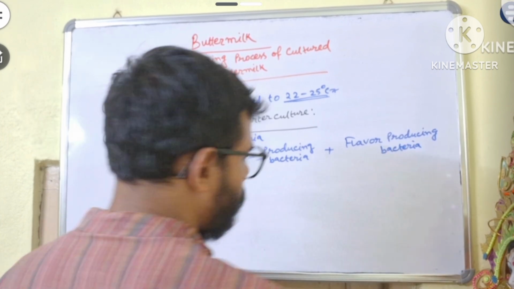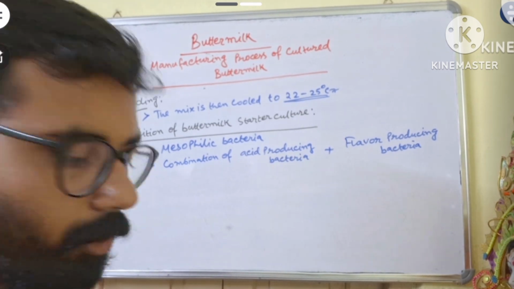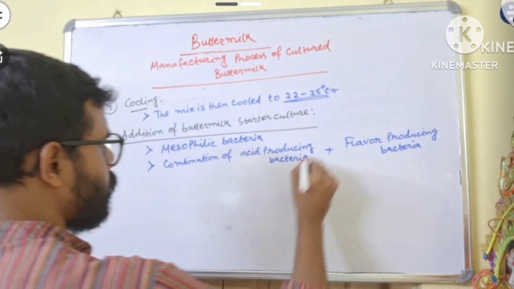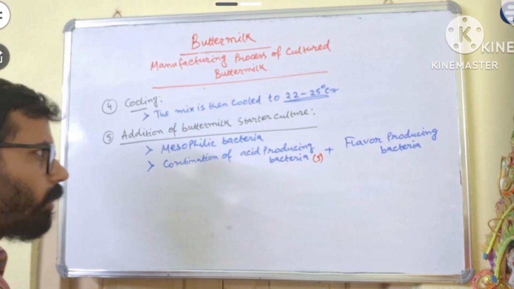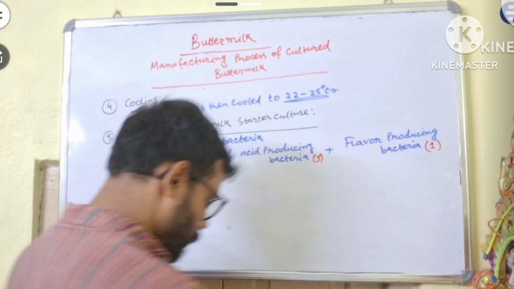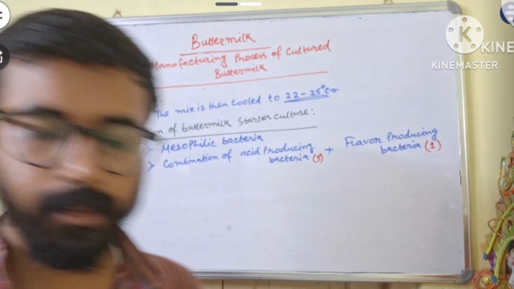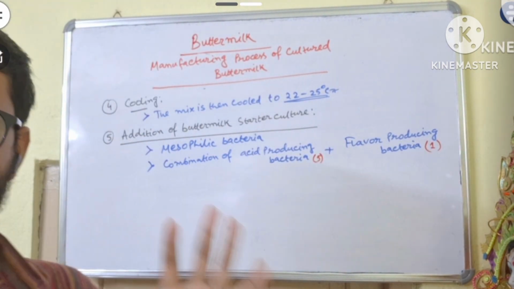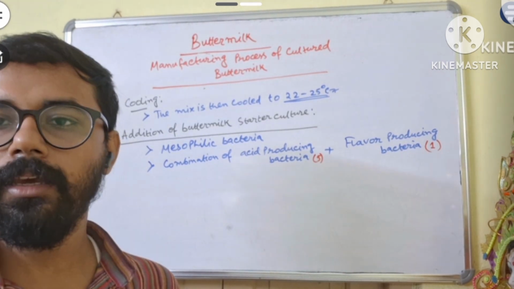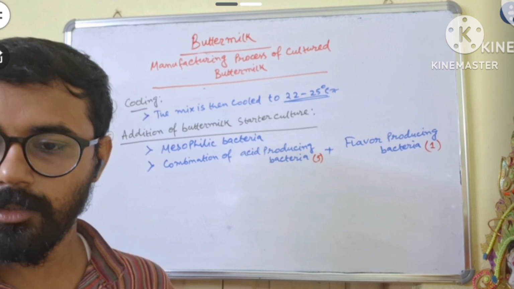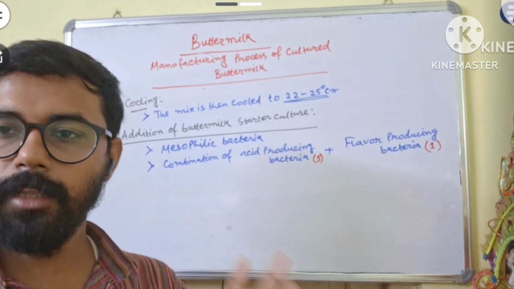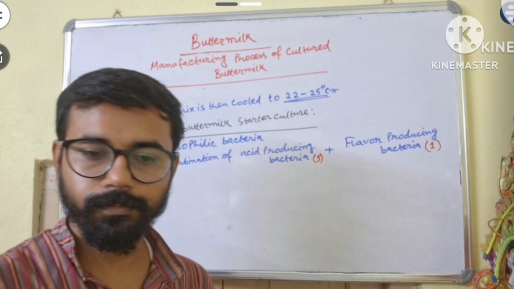So two bacteria combine to make the starter culture for the buttermilk, and the ratio is 5 to 1. Acid producing bacteria are taken in high concentration and flavor producing bacteria in low concentration, but flavor producing bacteria should be added because buttermilk has the strong flavor of butter that cannot be made by the lactobacillus alone. So it needs some other lactic acid bacteria which basically produce that buttery flavor.